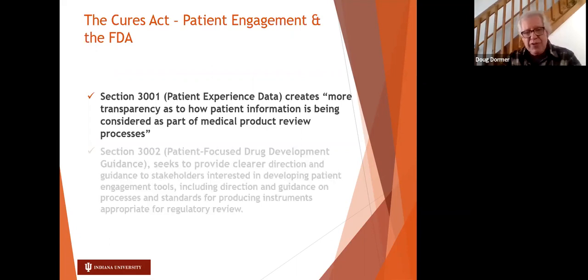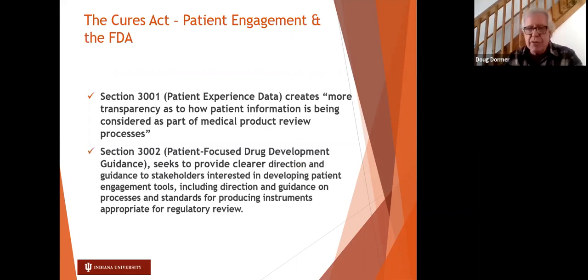The other is Section 3002, patient-focused drug development guidance. It seeks to provide clearer direction and guidance to stakeholders interested in developing patient engagement tools, including direction and guidance on processes and standards for producing instruments appropriate for regulatory review.